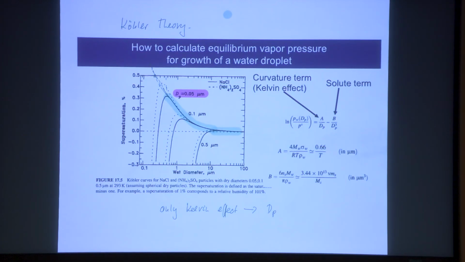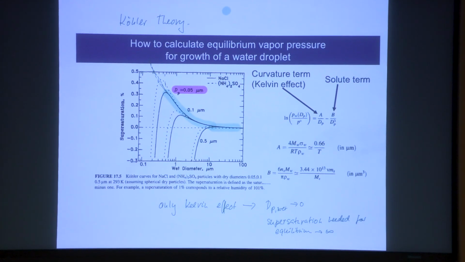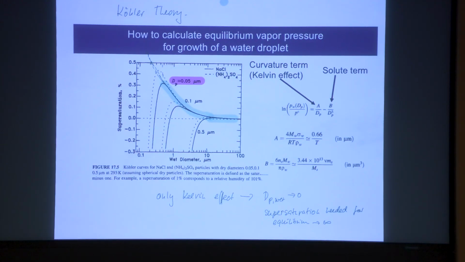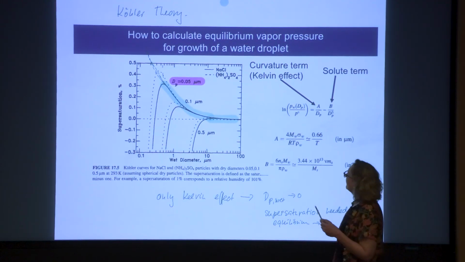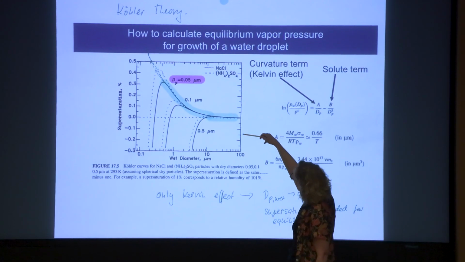As the wet diameter goes to 0, the supersaturation that you need for equilibrium goes to infinity.